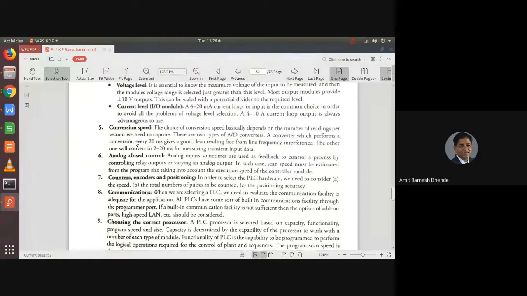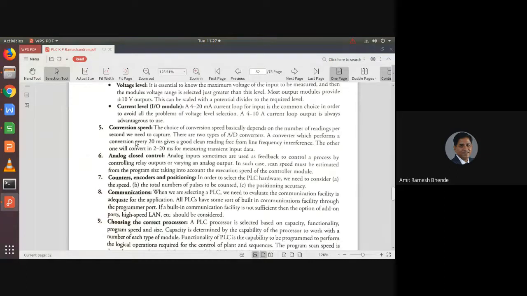So for selecting any PLC, you should know what kind of conversion speed you require, and accordingly you can select the hardware, and your finance part or economic part can be judged. So what conversion speed is required, what kind of hardware it requires, and if you require slow speed hardware, then your budget would be less.